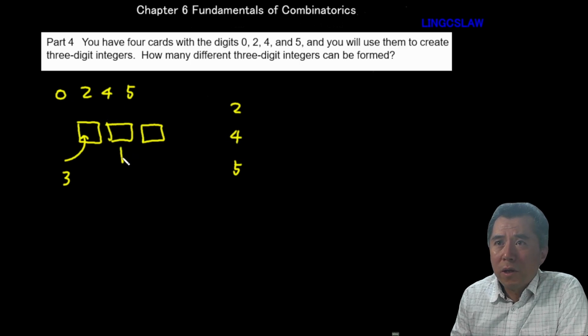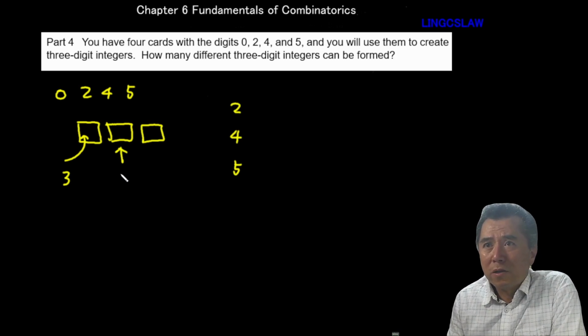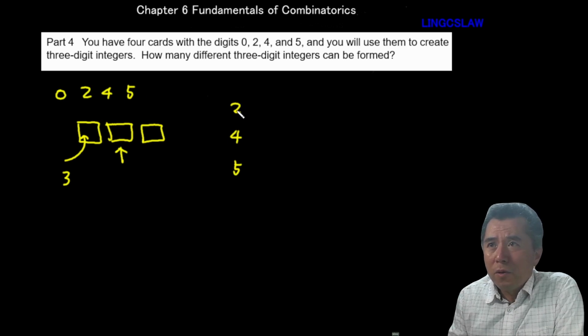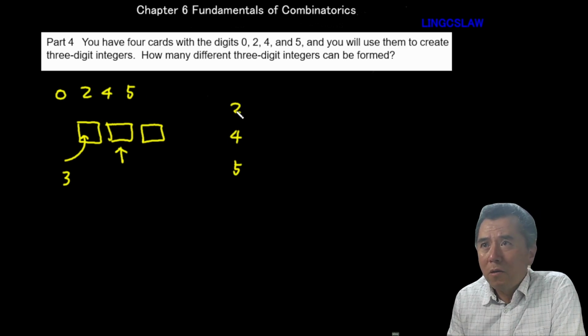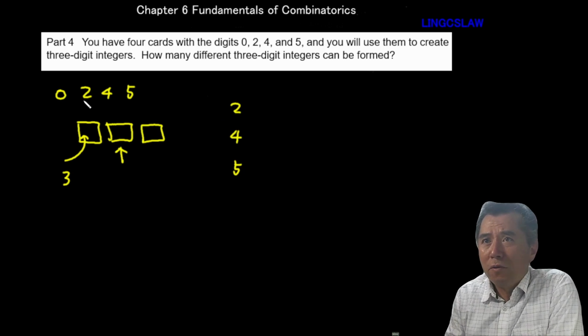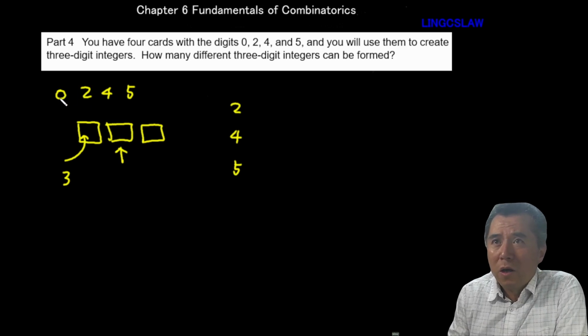And the second box, that is the tens place: if you choose 2 for the first digit, there are 3 choices for the second box, 0, 4, 5.